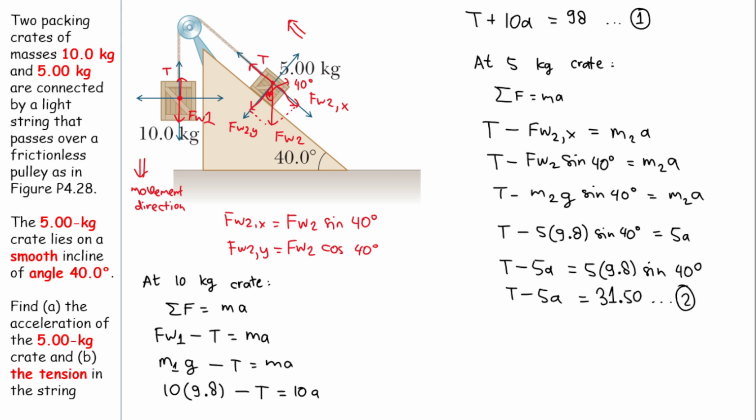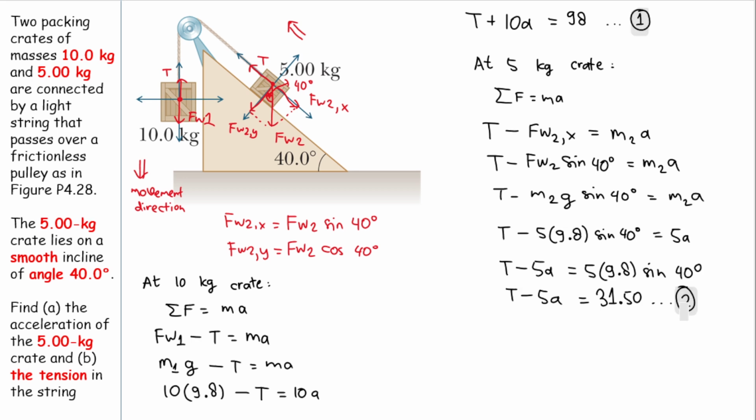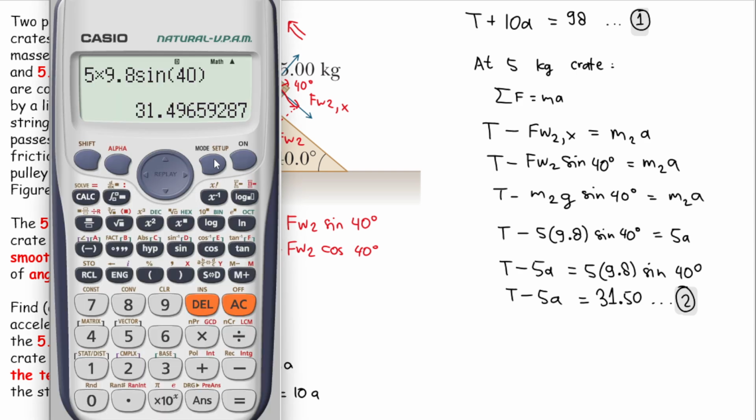Okay, so now we have 2 equations and 2 variables. We can solve them, right, using the calculator. Okay, let's use the equation solver here, which is number 5, and we will have 2 variables, number 1, and let's plug in the coefficients. We'll have 1 and then 10 and then 98.